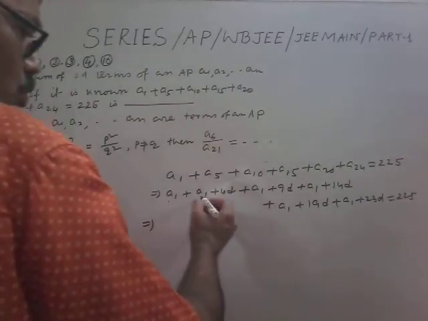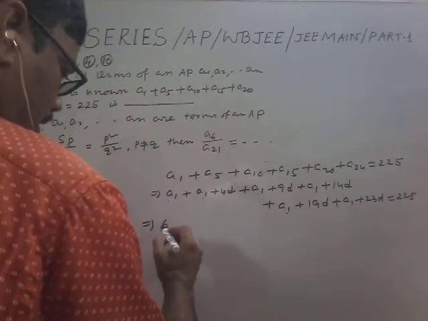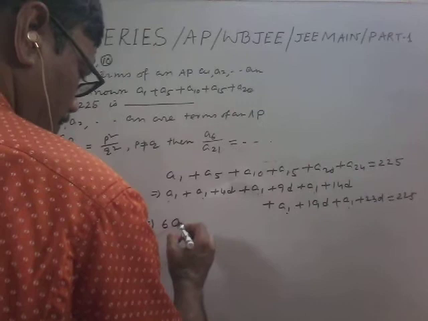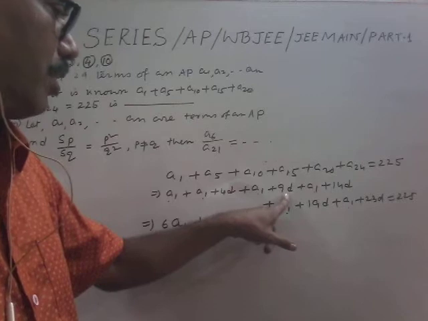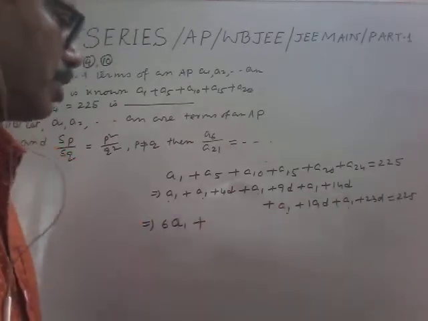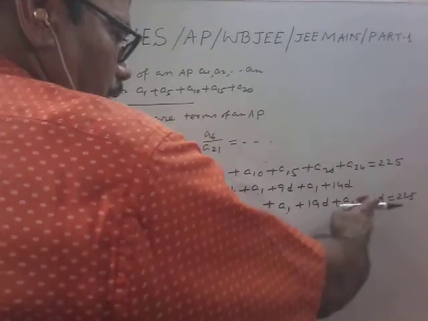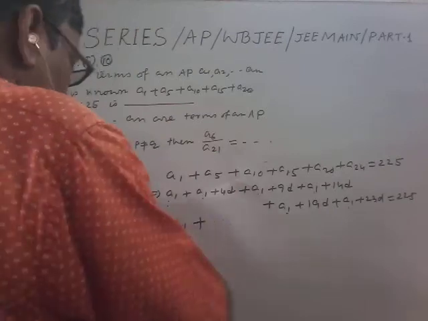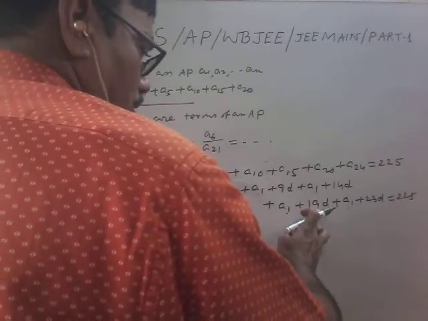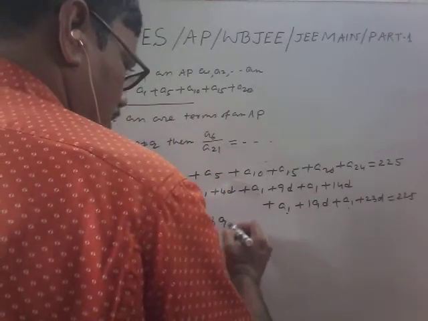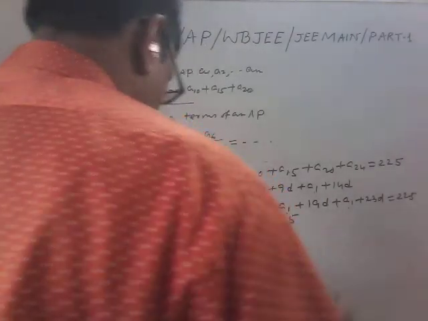Now count: 1, 2, 3, 4, 5, 6, so 6a1. And if we add these, 4 plus 9 plus 14 plus 19 plus 23, we get 69d. So 6a1 plus 69d equals 225.